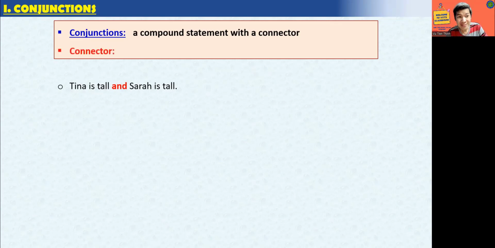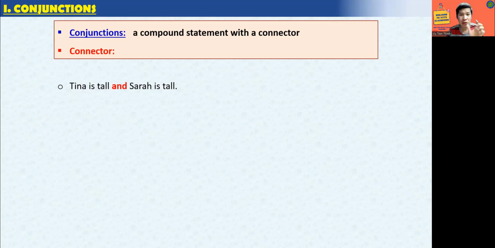Right? But in fact, in critical thinking, the connector is not limited to just the word and. It can be other connectors as well, because the meaning is a compound statement, two sentences combined with a connector. And we just focus on the possibility.